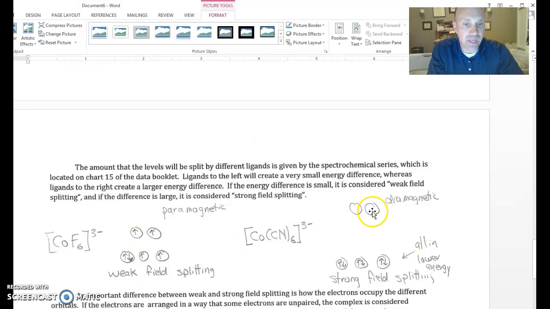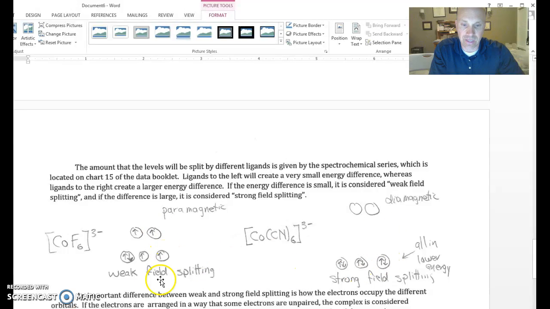But if we happen to have a really big difference in the energies between those orbitals, well, asking one of these electrons that's way down here in energy to go up here is asking a lot of it. It would much rather stay in that lower energy orbital. So even though these complex ions might look similar, the difference in energy has a big effect on where those electrons choose to reside.